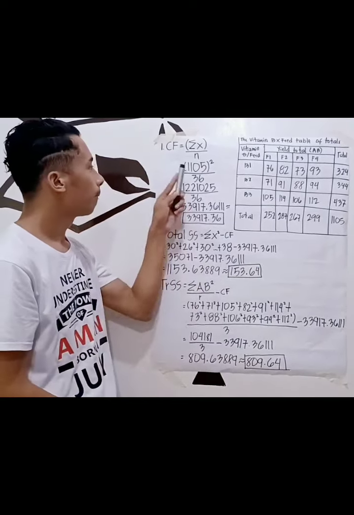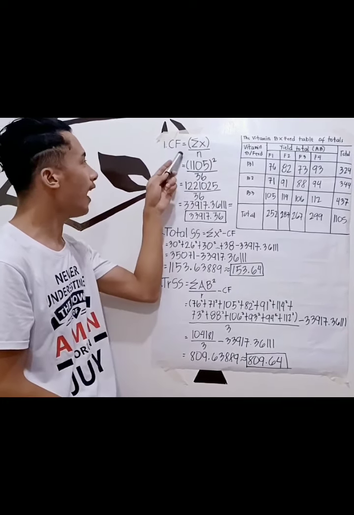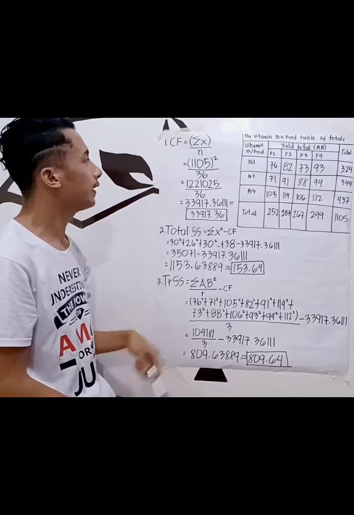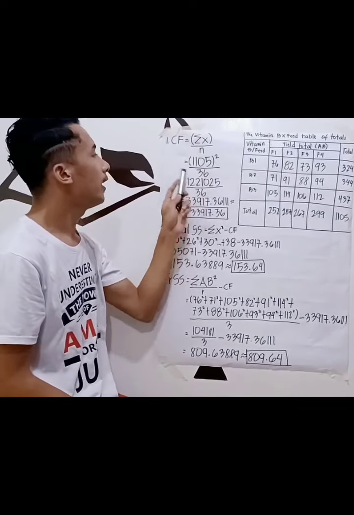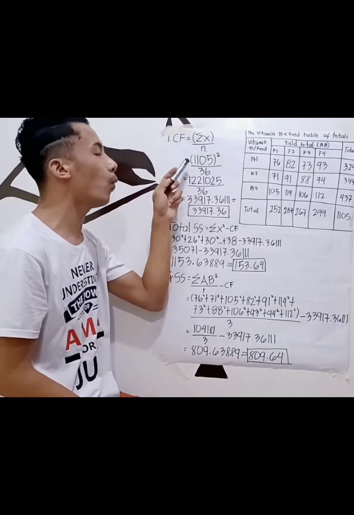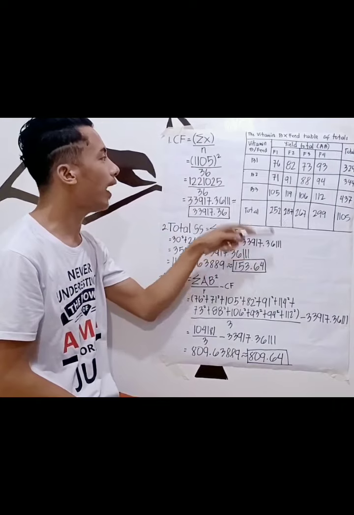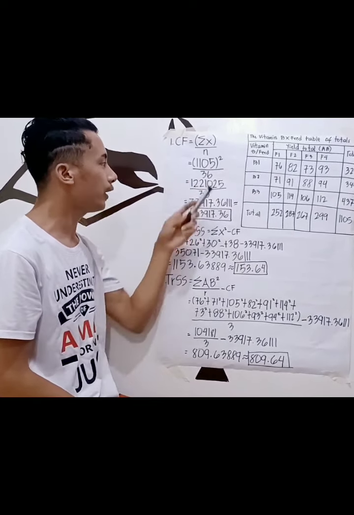So for our computation, the correction factor CF equals the summation of x, squared, divided by n. The summation of x is 1,105, squared, divided by 36.